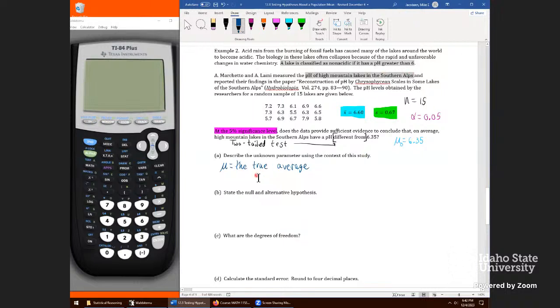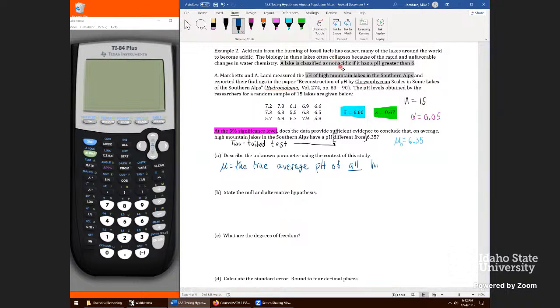We essentially just work backwards. We look at the data, see where it came from, and carry in this context. Mu equals the true average pH of, this is an important word to say here, we're talking about all of the high mountain lakes, not just this 15 in the sample.